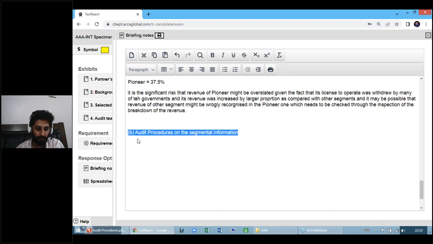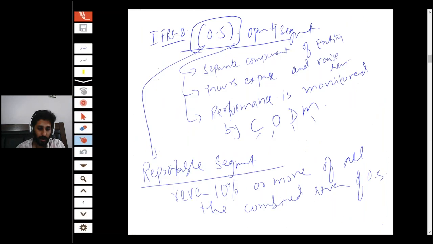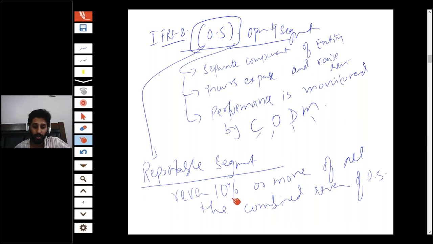Now for that segmental information, I had written down this IFRS 8 operating segment. You know, for the segment to be classified as operating, because if the segment is operating, then it would be classified as the reporting segment if the 10% revenue criteria is met, right?